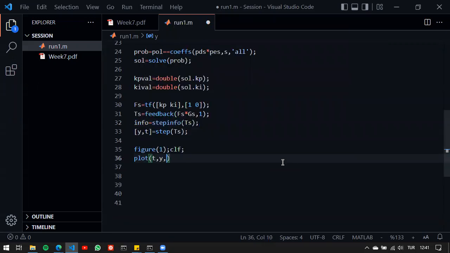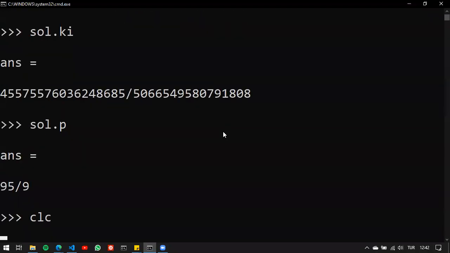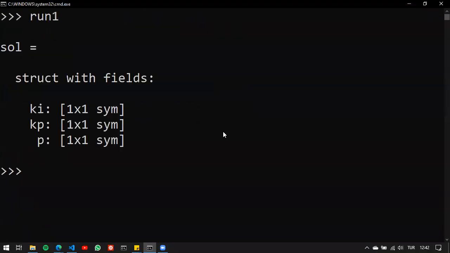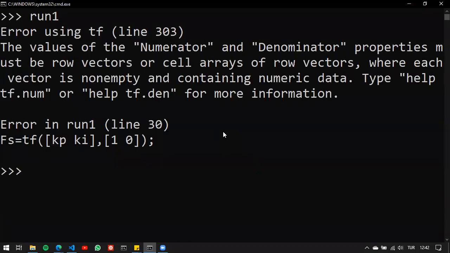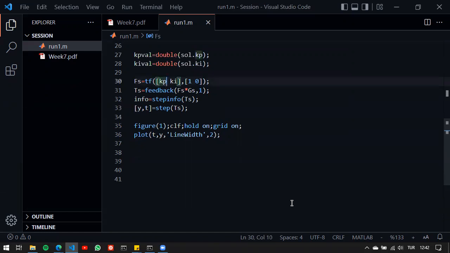Let's plot t, y. There we go. So, of course, we've used the symbolic ones, so this should be Kp val and Ki val.